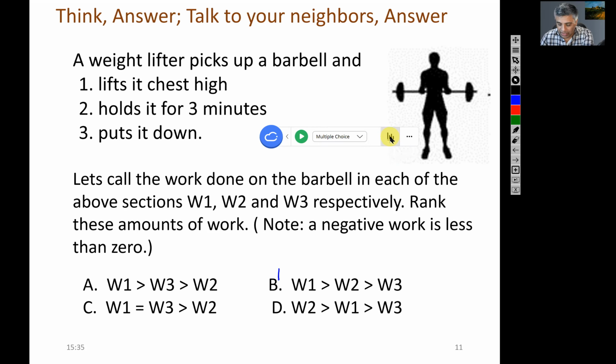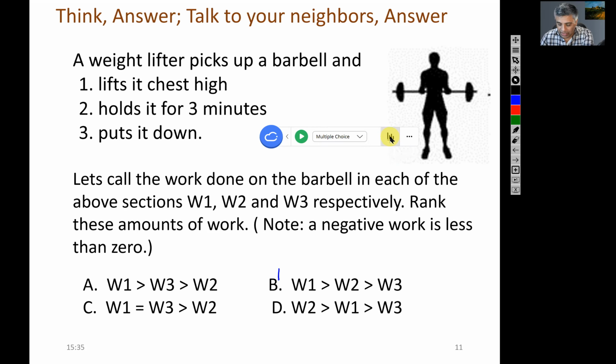Okay, so in this case, lifts up, force up, and displacement up. Work done is positive, F times D, right? So while going up, force is up, displacement is up.